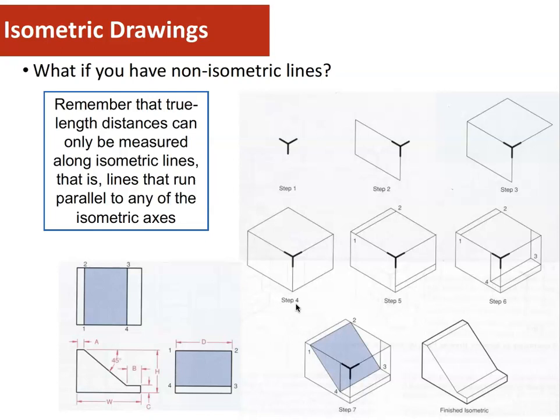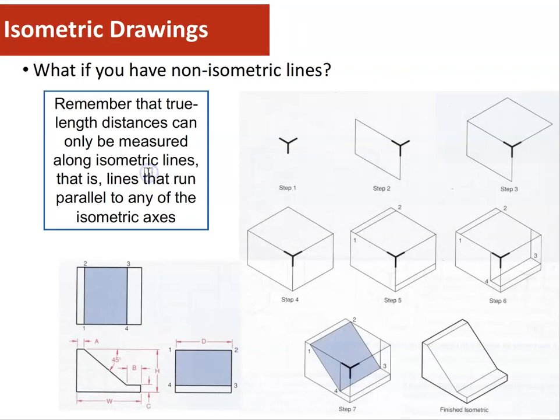So it will be foreshortened a bit or more, depending on the surface. Okay, so that is something to take note of. Everything that is within the isometric axis will be true scale, but anything that is non-isometric will be foreshortened.